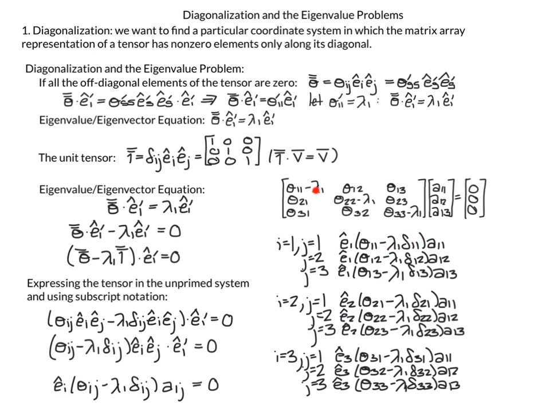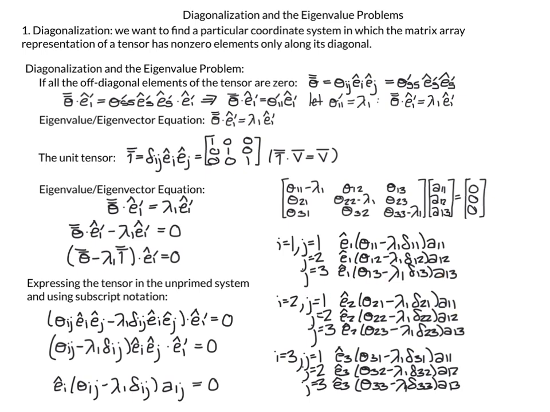Here, still in the first direction, I have sigma 1, 2, and my delta is 1, 2, so this goes to 0. So I still have sigma 1, 2 times a 1, 2. And then over here in the e1 direction, sigma 1, 3, again my delta goes to 0, so this is just sigma 1, 3 times a 1, 3.